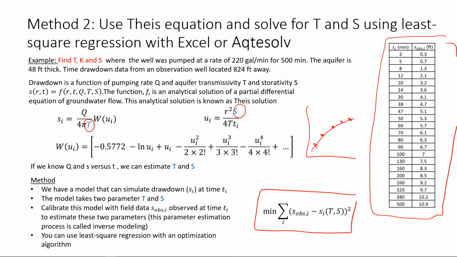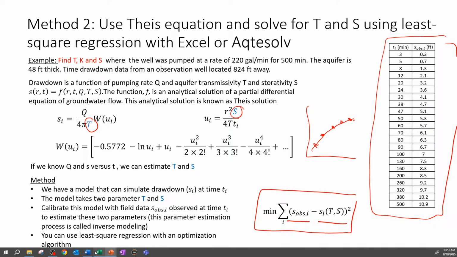Your objective function is that you want to minimize the error between what you observe and your theoretical curve, and you sum the error here, the error here, the error here for all your points. That's how you solve it as an optimization problem. This is what the optimization problem states: find the value of T and the value of S that will minimize the error between my theoretical curve and my observation points.